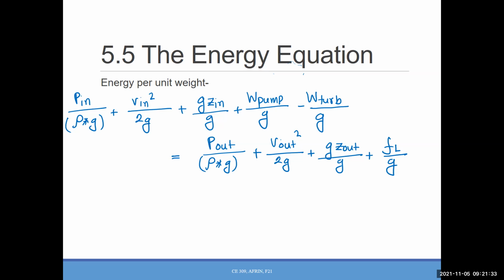So each term will be some sort of head, and you can name this one as pump head, this one as turbine head, H turbine.